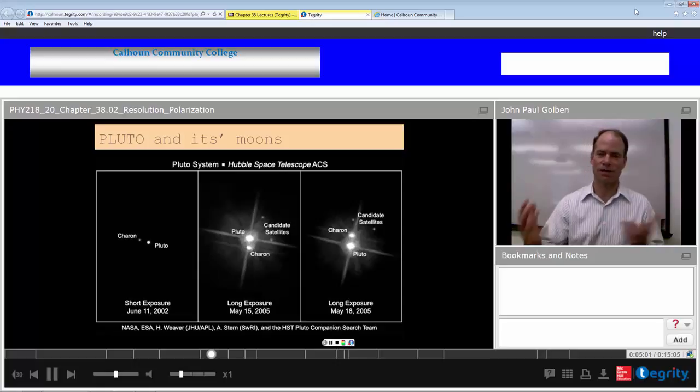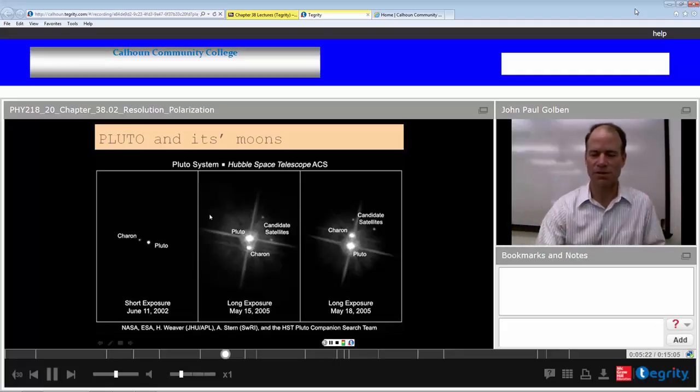They're not really moons as we normally would think of them. They're just little ice balls out there, fragments of ice, but they're moving around the Pluto system. And in fact, just a couple of years ago, with higher resolution, they found 2 other moons. So Pluto has at least 5 moons, which are basically just big ice balls swirling around it.